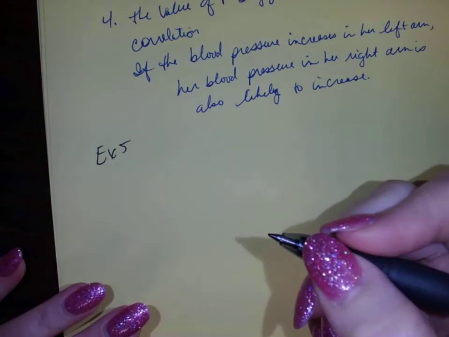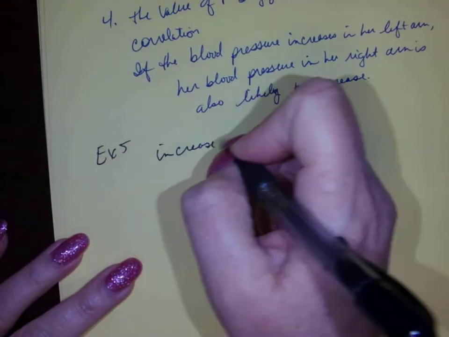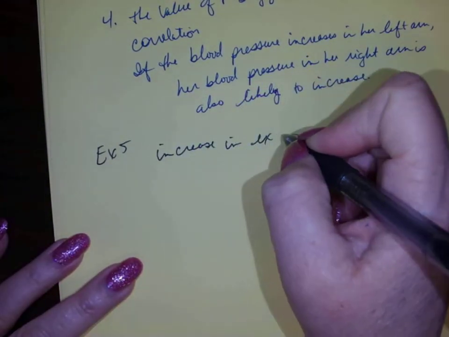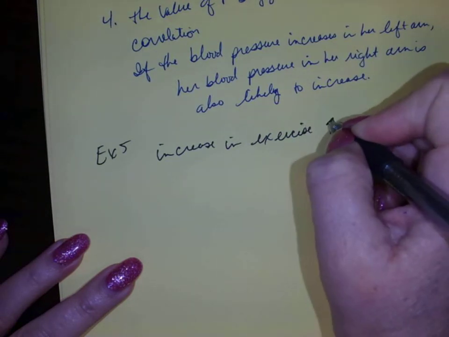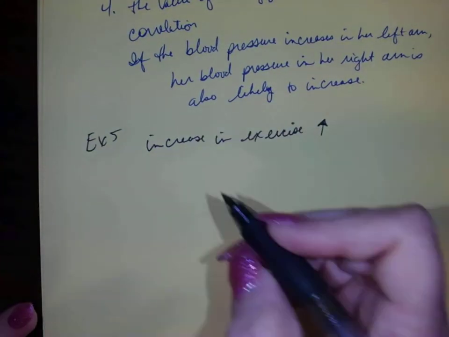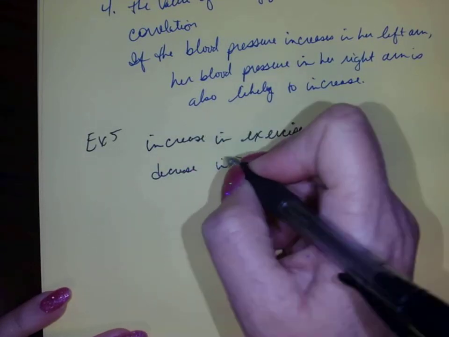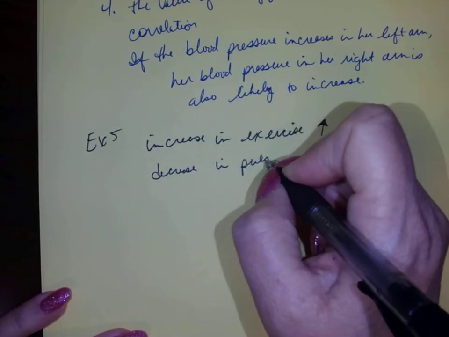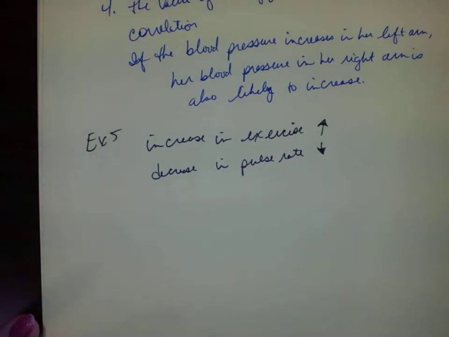So an increase in exercise, and an increase in exercise means that it goes up, right? And then what happens, they're saying, is we have a decrease in pulse rate. Well, that means the pulse rate went down.